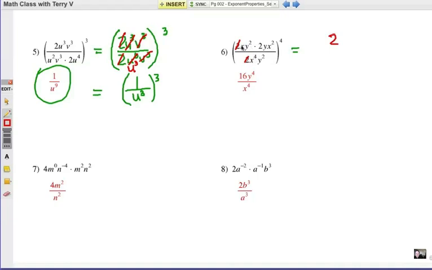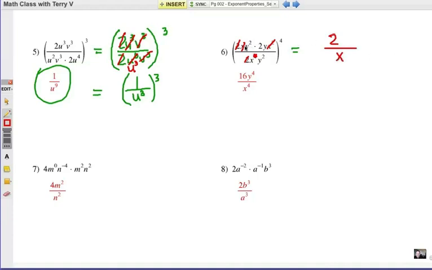So think about it. There's x cubed on the top and an x to the 4th on the bottom. So all these x's on the top will disappear, leaving me with just a single x in the denominator. So let's go ahead and put that x in the denominator there.